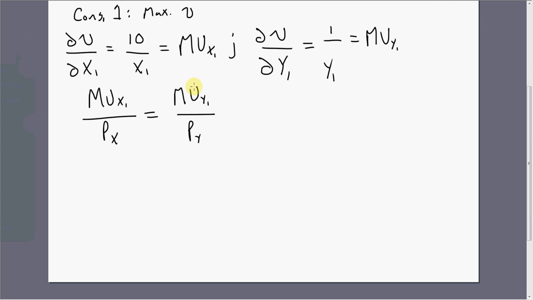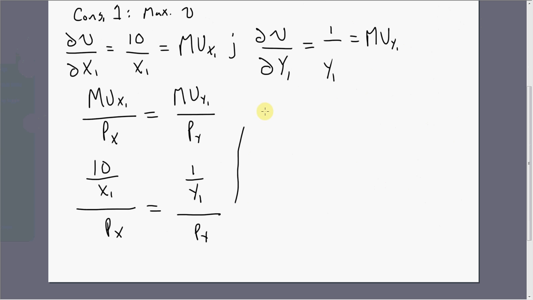All I'm going to do now is substitute in our marginal utility expressions into this formula. Okay, so 1 divided by good Y, that's falling in over here. 10 divided by good X, that's over here. And now we just want to simplify this a little bit more.